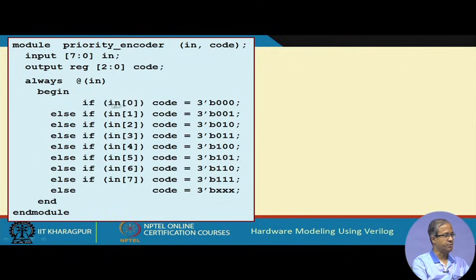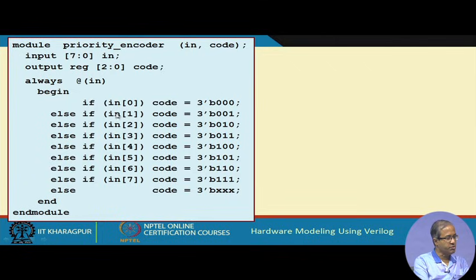If in 0, which means in 0 is equal to 1, code equal to 0 0 0, else if in 1, code is 0 0 1, simple. If in 7, 1 1 1, and if none of them are active, else I am initializing the code to XXX.